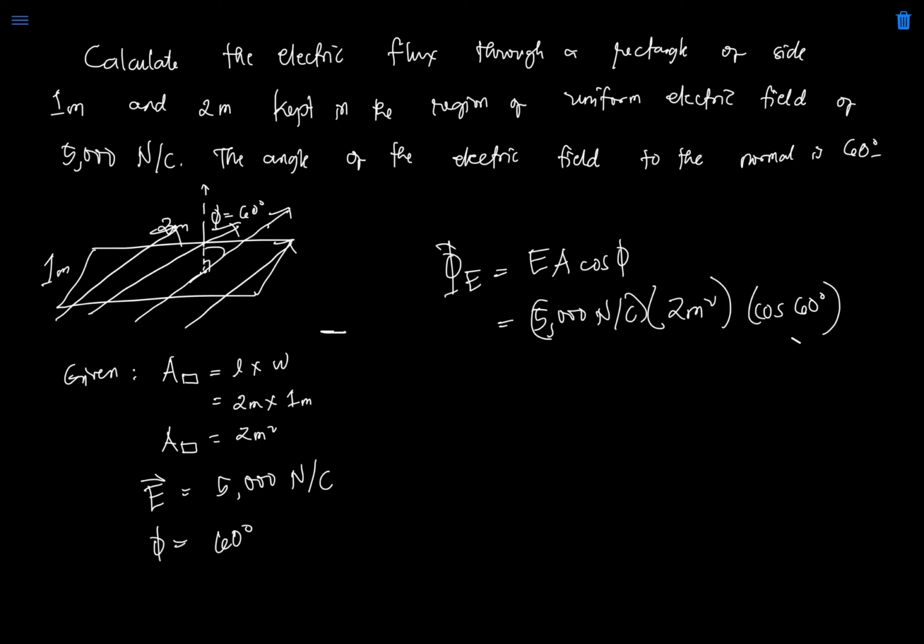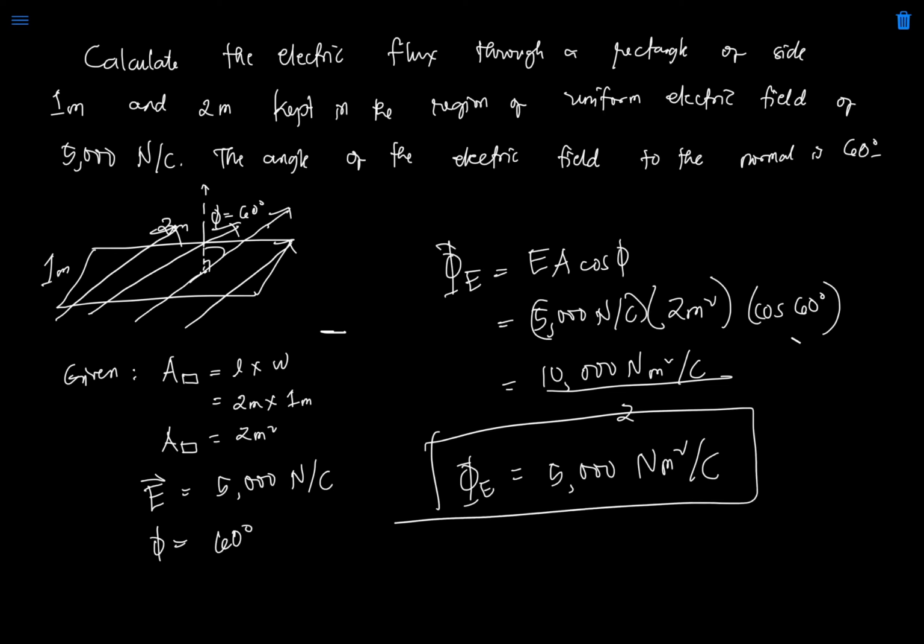And cosine 60 degrees is equal to 1/2. Thus we have 10,000 newton meter squared per coulomb divided by 2. We will have an electric flux of 5,000 newton meter squared per coulomb. So as simple as that.